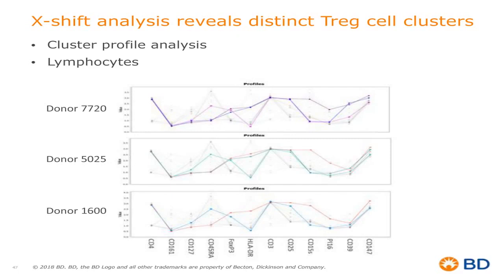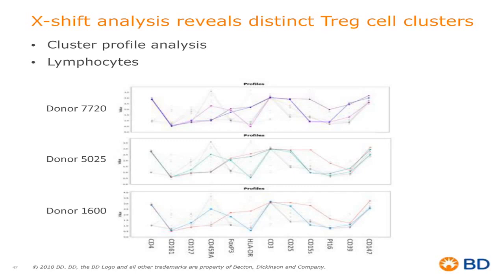However, remember what we talked about for CD39 early on, where there's one donor that had a slightly different CD39 expression in our conventional analysis? Well, here we can see that donor 7720, when we want to look at the different clusters that were found, you can see that the different donors have different patterns.